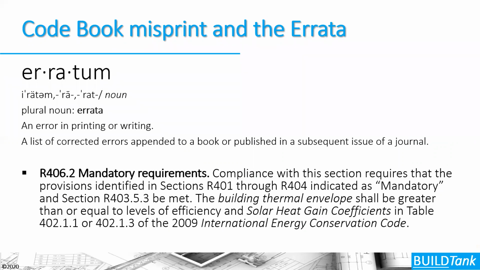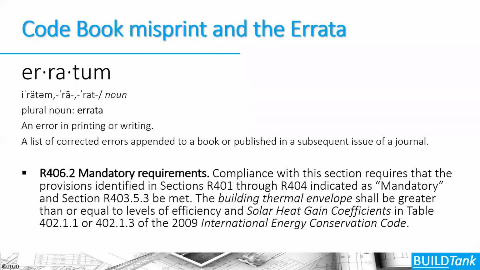If you have an older code book, you need to look at this section of the code in particular, but all sections of the code, and potentially pull the errata that's been developed for the code, because this section in particular was printed wrong in the first versions of the code book. In the 2015 IECC, it basically said that the mandatory requirements were not required for this pathway, and that is not true. What is true is that the mandatory requirements are required for every compliance pathway in the code.